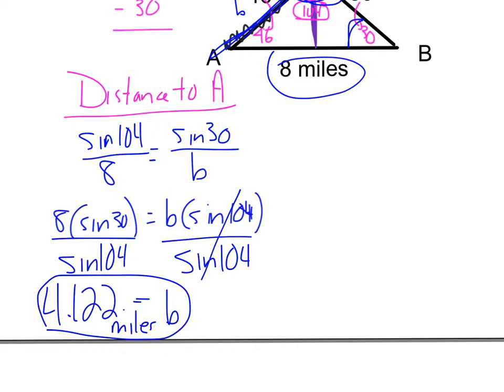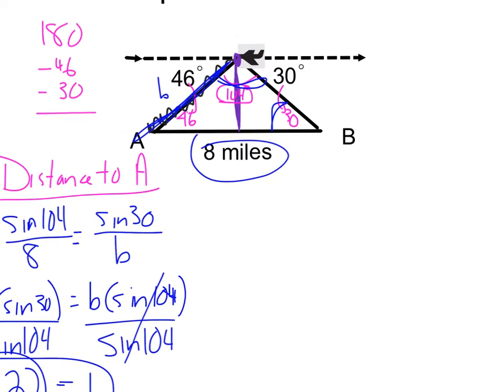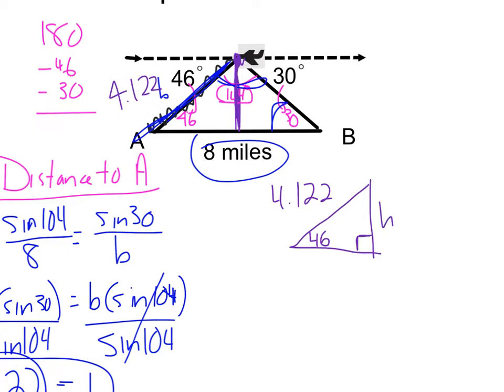So now I'm going to use this, and I'm going to figure out what my actual height is here. Okay, so I know that this is 4.122. So what I've got is a triangle where this is 4.122. I know that this is 46, and I'm looking for that height.